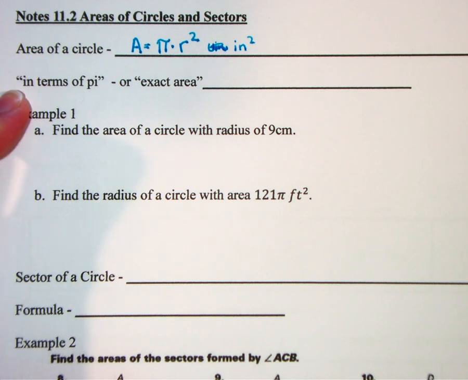Okay, so in terms of pi, or exact area, what you're going to see in the directions is in terms of pi, and we kind of talked about that yesterday as well. Everything that we give as an answer in the directions might say leave your answer in terms of pi, or it might say find the exact area. So what that means is your answers are going to be left with a pi in the answer.